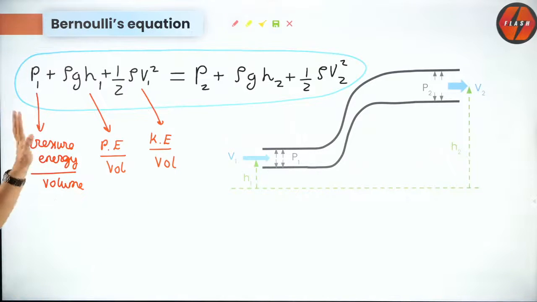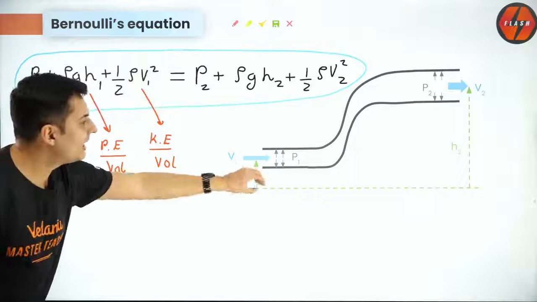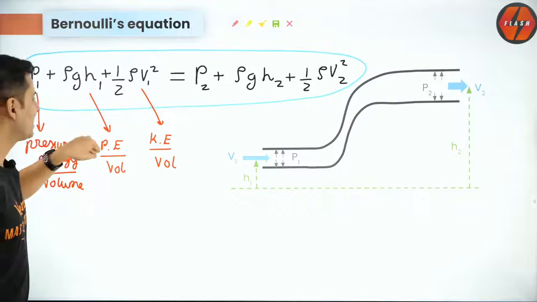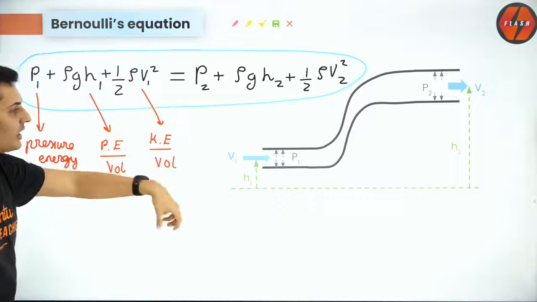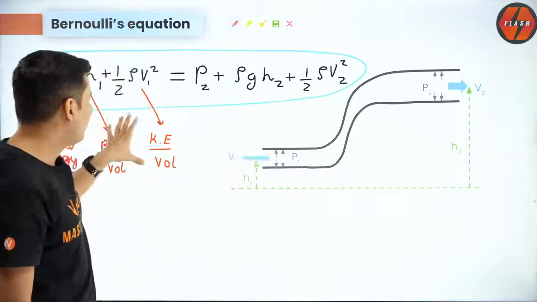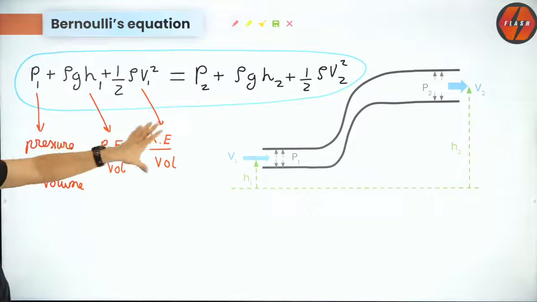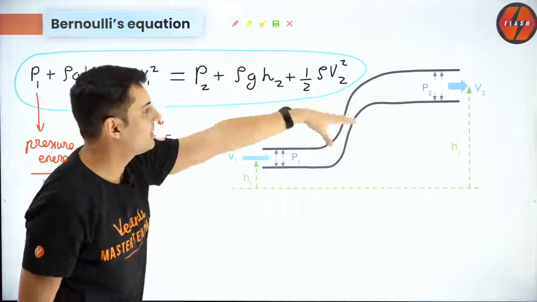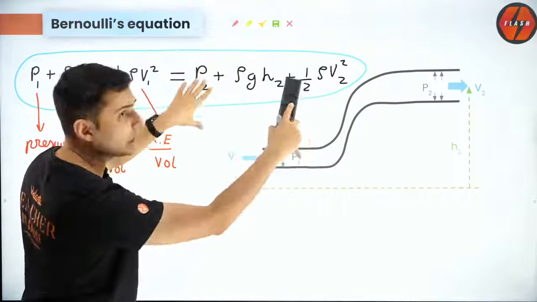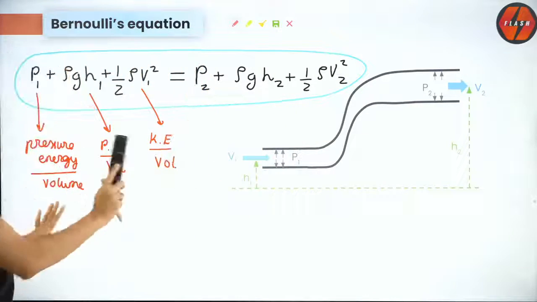So what it says is, whatever total energy the liquid has initially, pressure energy plus potential energy plus kinetic energy, will remain conserved even when it goes to the other side. The amounts might vary, one might increase, one might decrease, that's okay, but the total sum will remain constant.